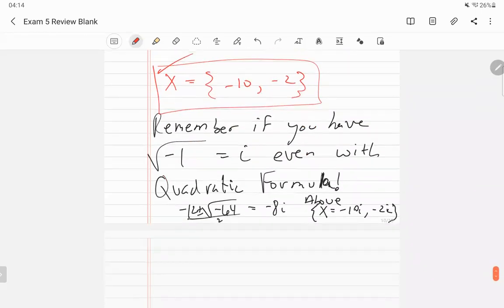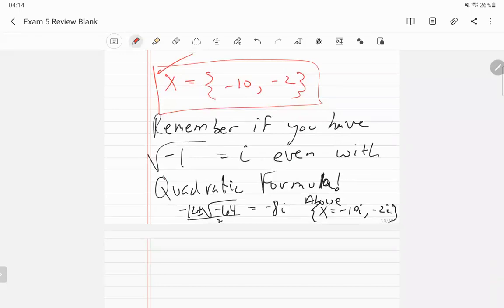Now, what you need to remember is if you have a -1 under the radical, then you have an i. So even with the quadratic formula.